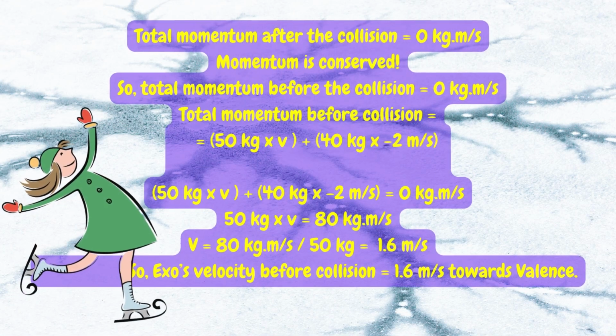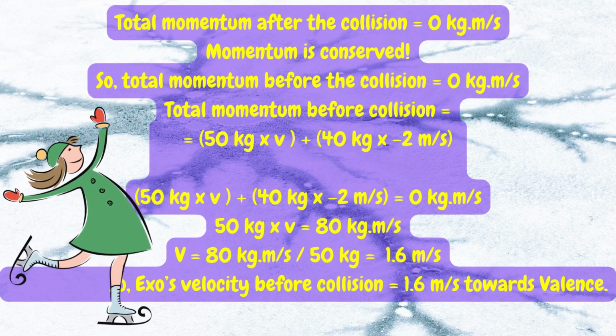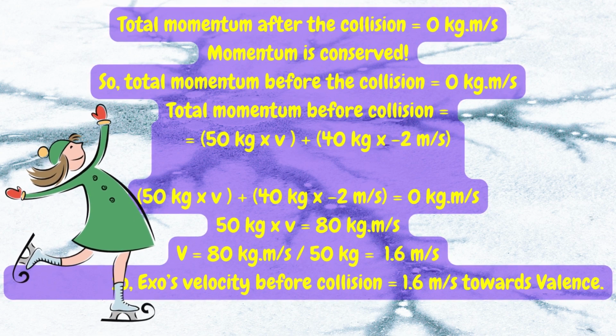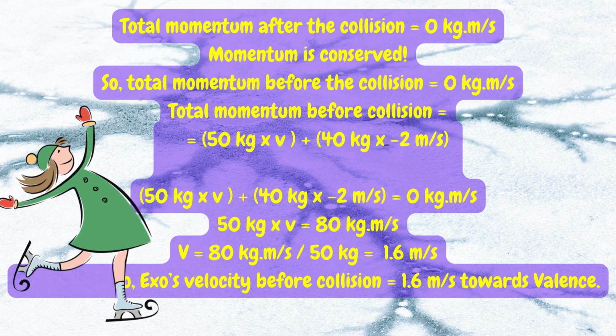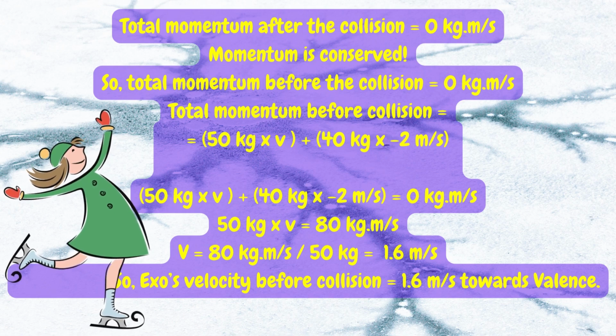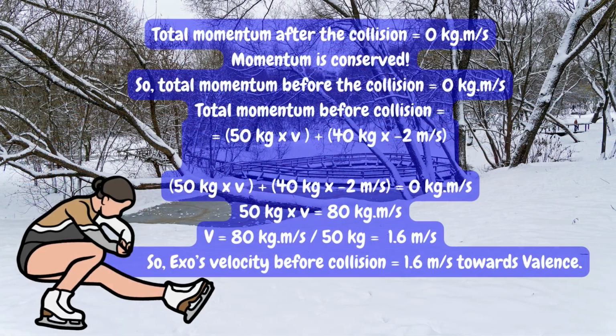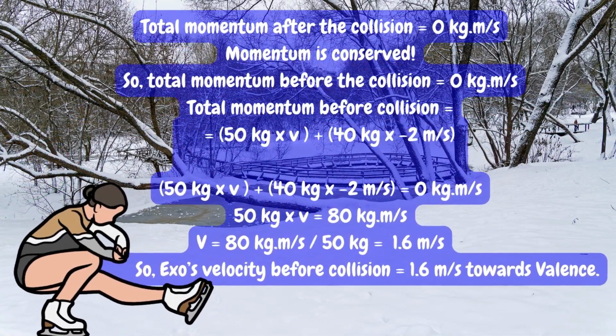Since the total momentum before collision equals 0, we can equate this equation to 0 kilogram meter per second. So we get 50 kilogram times v plus 40 kilogram times negative 2 meter per second equals 0 kilogram meter per second.